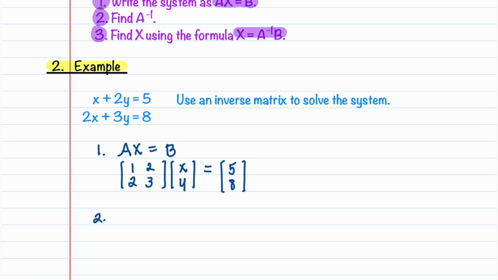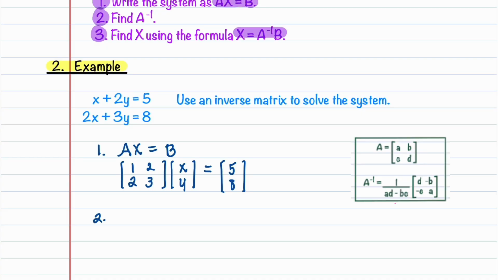Our second step is to find A inverse. So A inverse is equal to 1 divided by the determinant of A. Let's keep in mind that this is our matrix A. So we're going to find the determinant of that. It's 1 times 3 minus 2 times 2, that's just the main diagonal elements multiplied, minus the off diagonal elements multiplied.